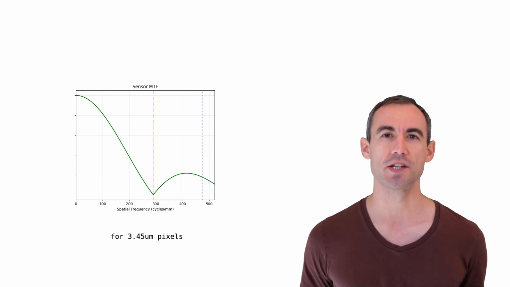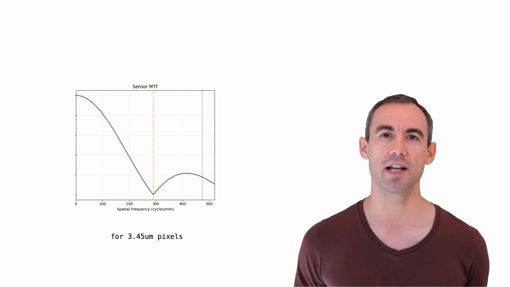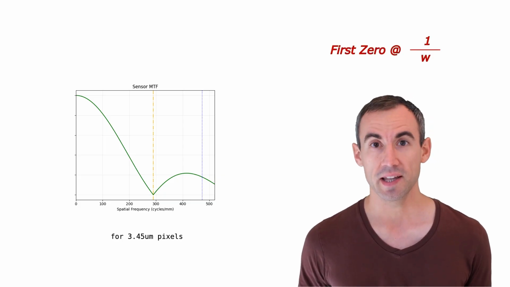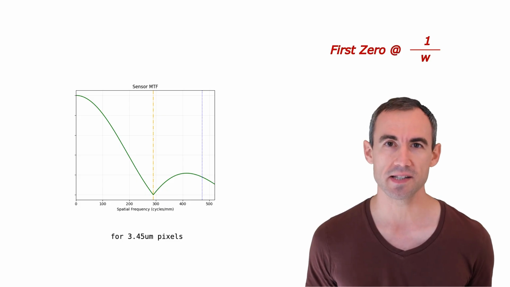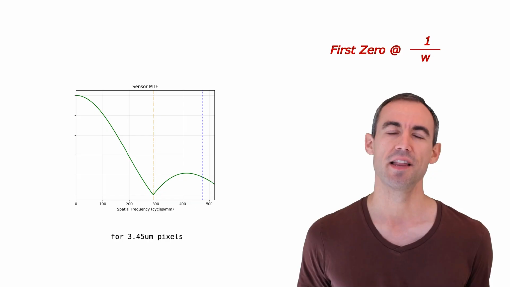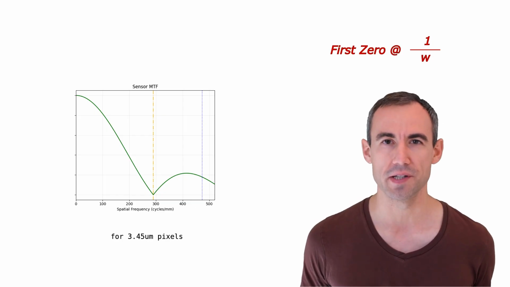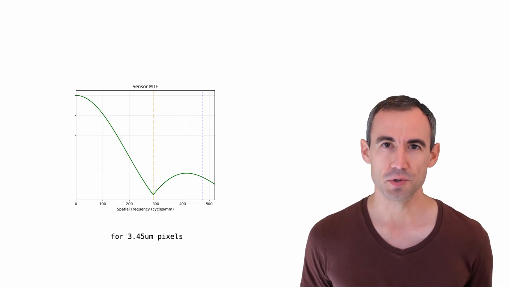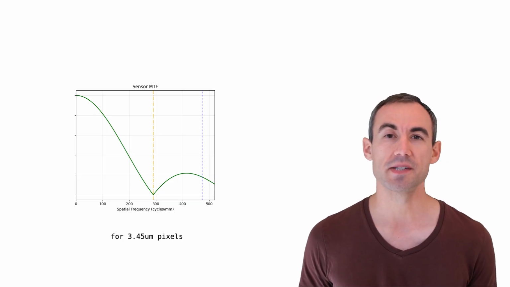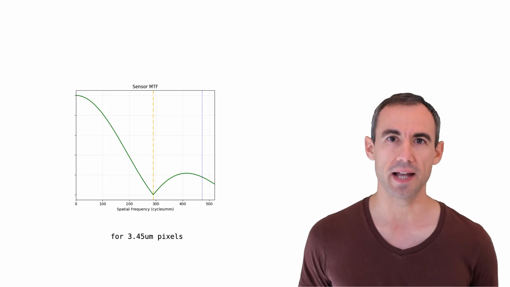The frequency at which contrast is 0 can be calculated as 1 over the width of the pixel. So if our sensor uses smaller pixels, then we can resolve finer details, assuming that the smaller pixels don't suffer from more noise. Due to aliasing, the MTF doesn't stay 0, but it becomes large again, although there we do get wrong patterns.